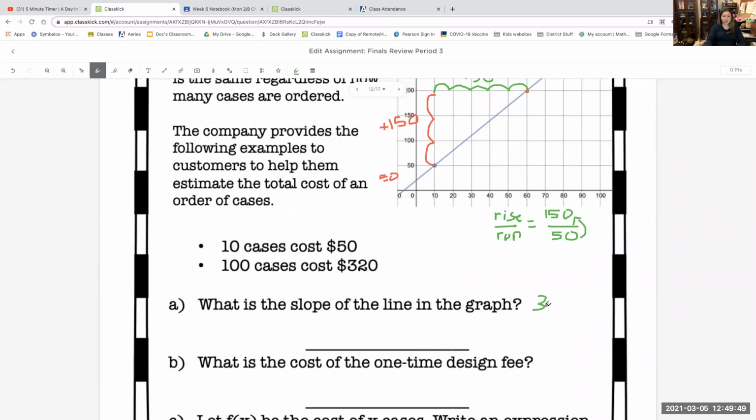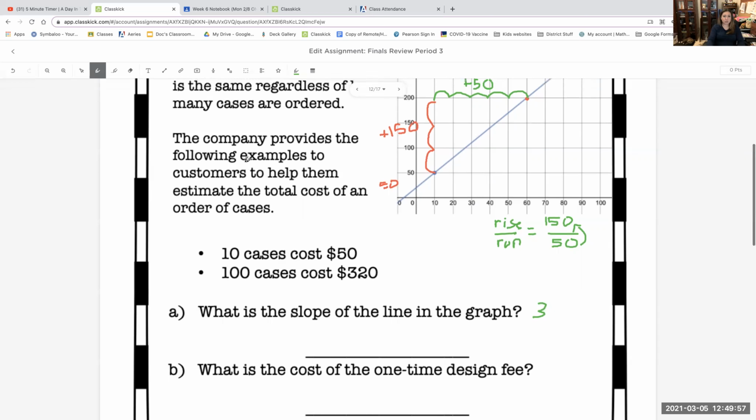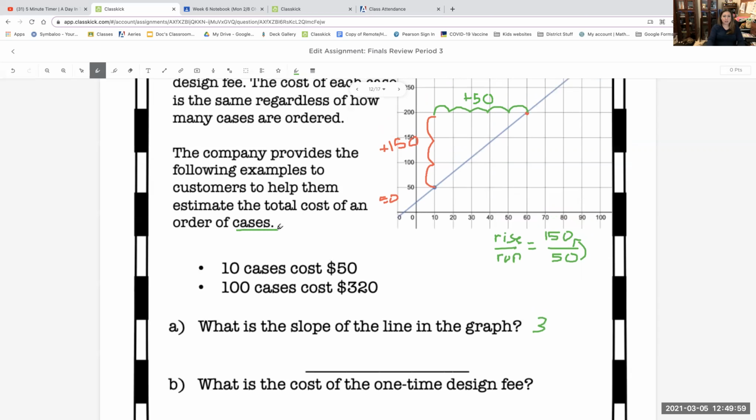Now, what I could do, and again, this was mean, I apologize, but my slope is 3, which means that each one of these, I think it's cases, like cell phone cases, each one of these cases is $3. So what's 3 times 10? 30.